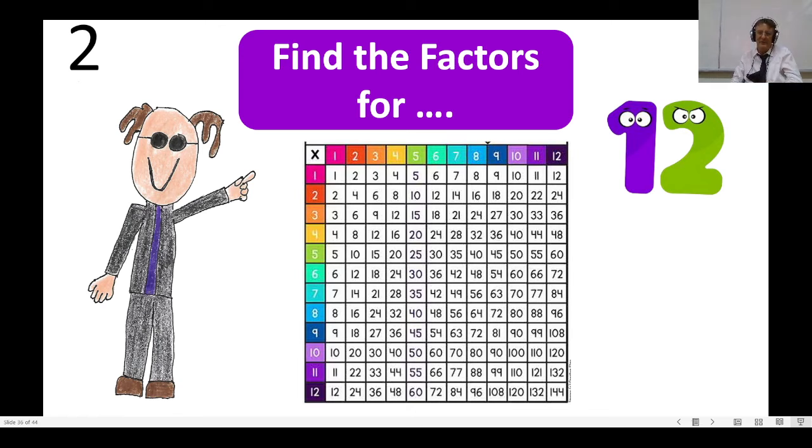Would you like to please pause the video whilst you do the maths? Once you have finished, click play. And the answers are, if we look along, 2 times 6 equals 12. 3 times 4 equals 12.